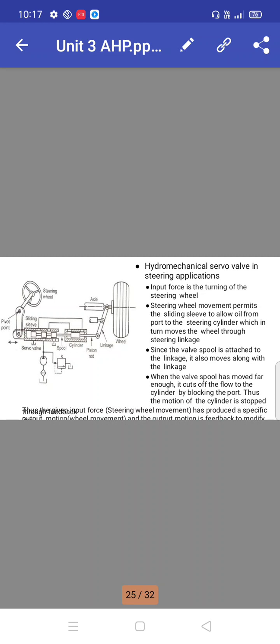Hydromechanical servo valve and steering applications. So the input force is the turning of the steering wheel.